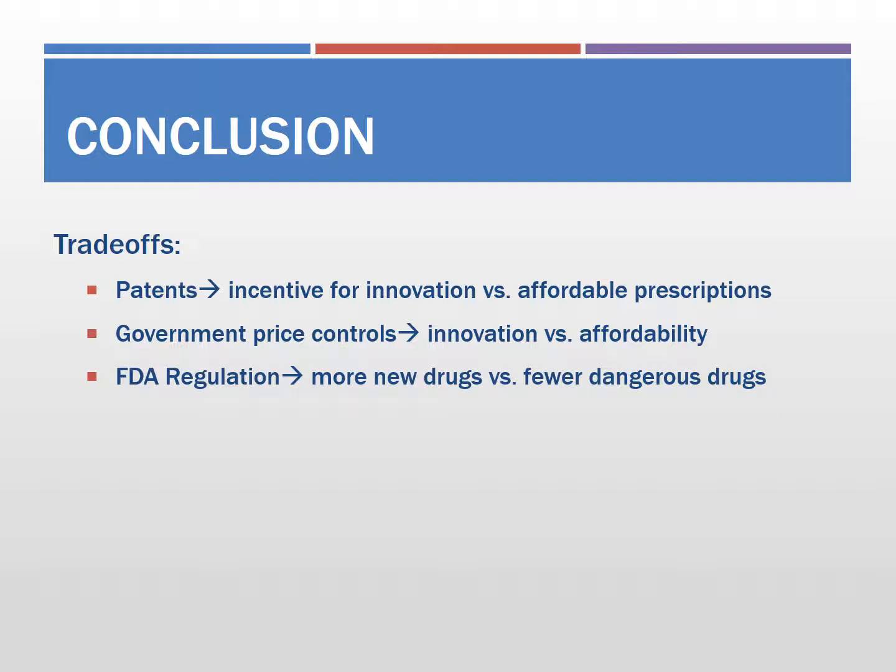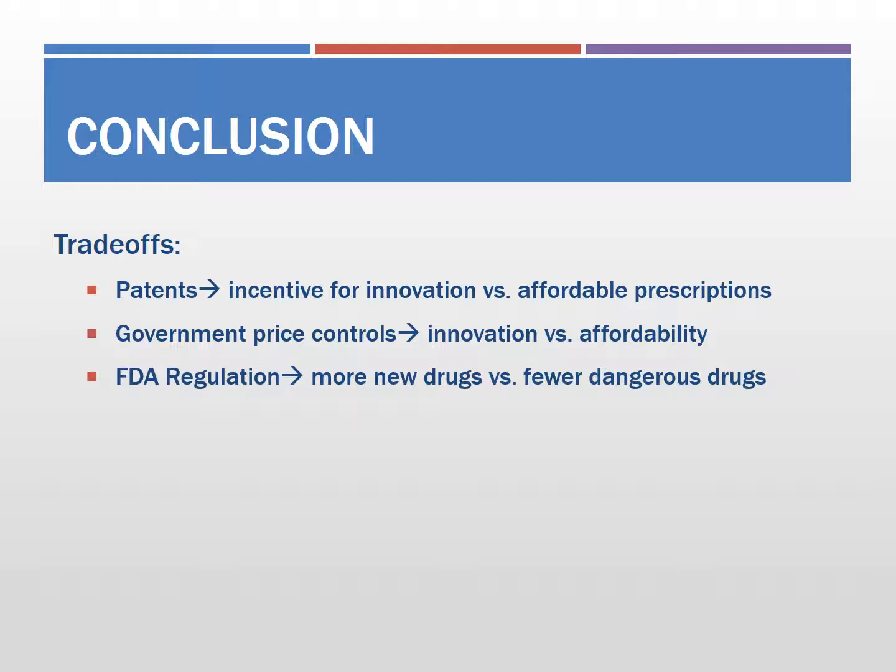FDA regulations. With stricter regulations, it is much harder to pass drugs. That means more and more drugs get rejected, so even sometimes new drugs will get rejected too. But on the other hand, if we have very relaxed or very loose regulations by the FDA, there will be more dangerous drugs available in the markets.